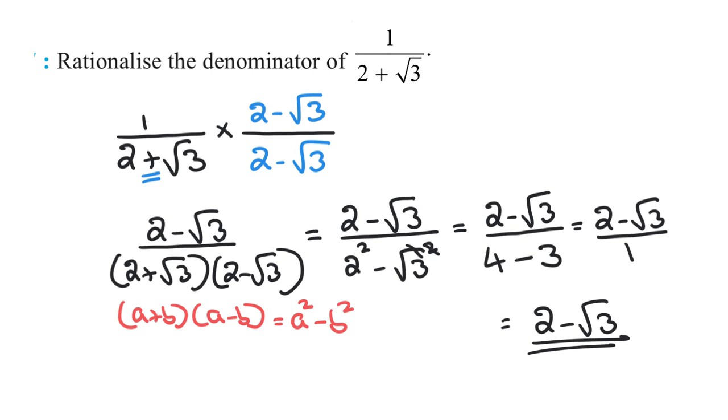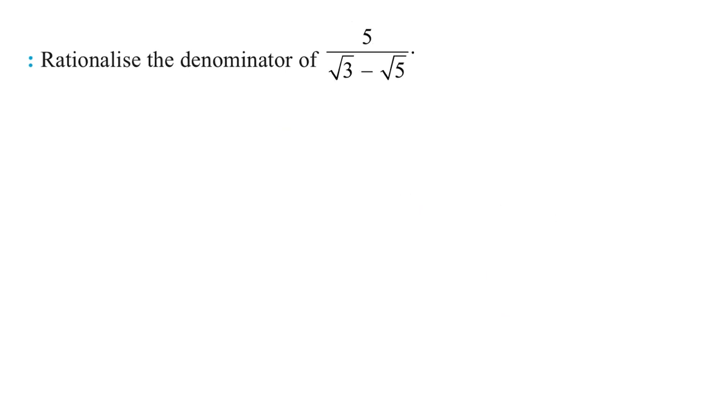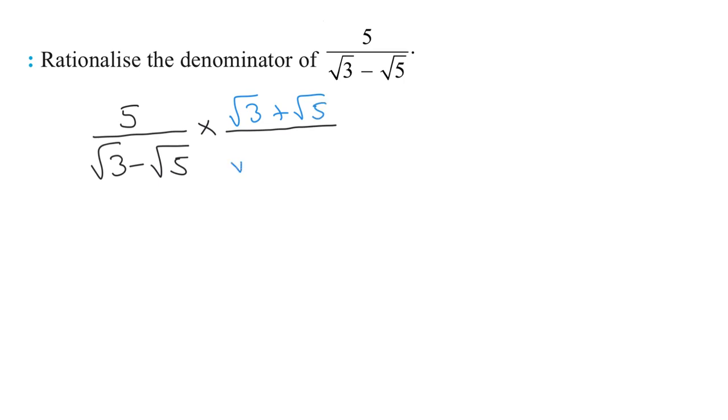Get to know now, how do you rationalize the denominator? Let's look at another example. Rationalize the denominator of 5 over root 3 minus root 5. So in order to rationalize the denominator, we will multiply and divide by root 3 plus root 5, the opposite sign of the middle sign.